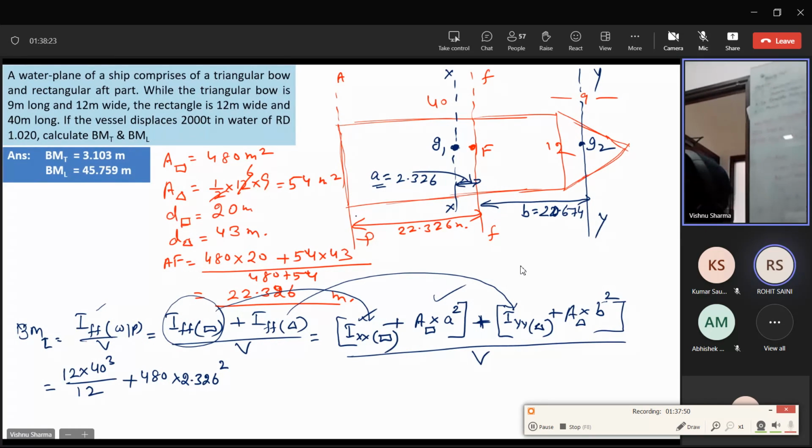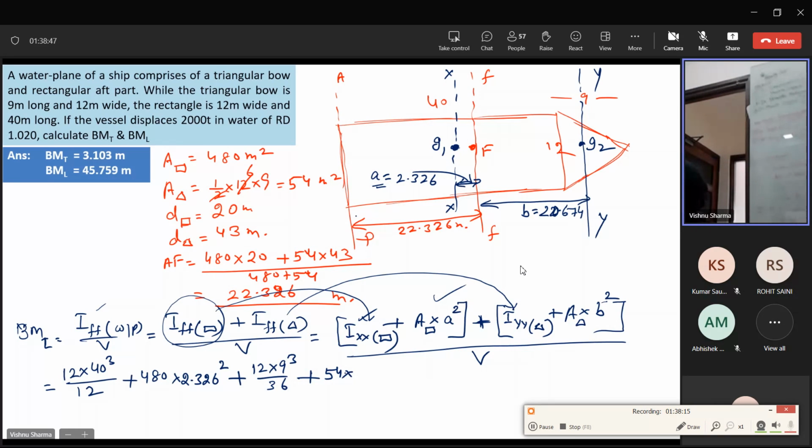Look at the diagram and tell me what will be the formula for Iyy of the triangle, beta. 12 into 9 cube upon 36, very good. Correct, beta? Plus area of the triangle is 54.